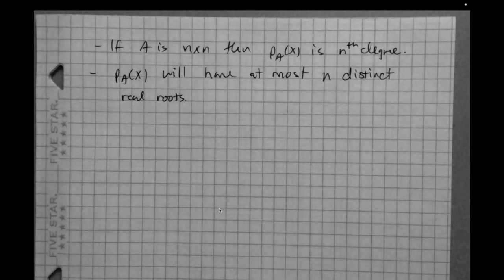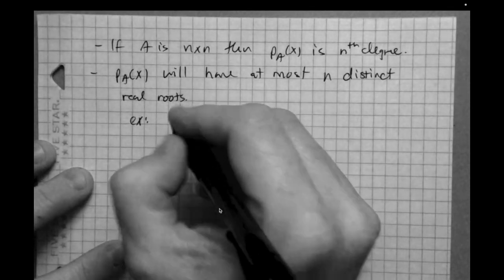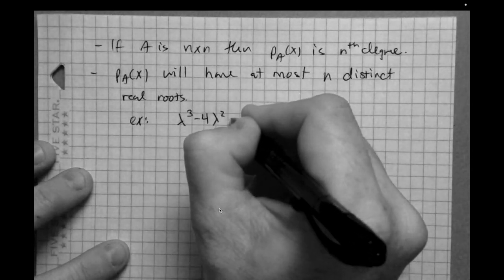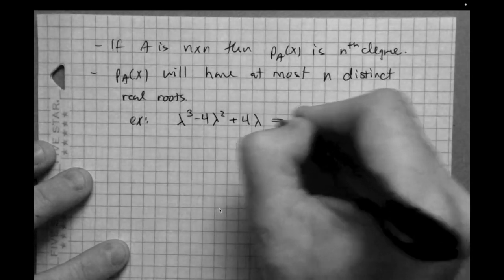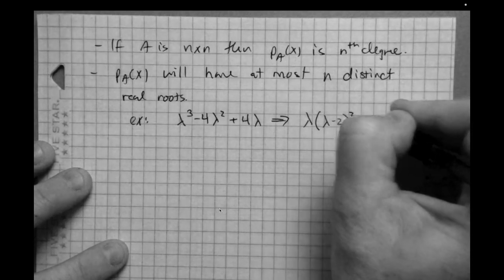Like in the example we saw previously, we had 2 real roots. It was a 3 by 3 matrix. The characteristic polynomial was indeed a 3rd degree polynomial, but we only had 2 distinct roots. If you recall what that polynomial looked like, our previous example was lambda cubed minus 4 lambda squared plus 4 lambda, and we were able to factor that down to lambda times lambda minus 2 squared.